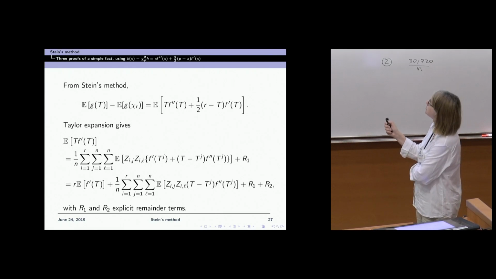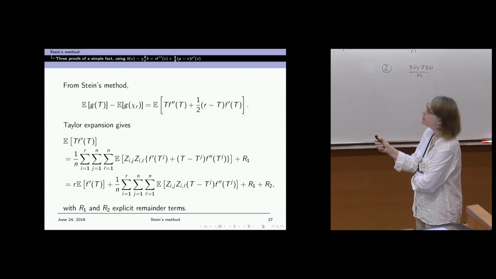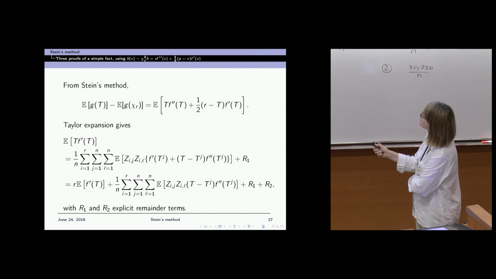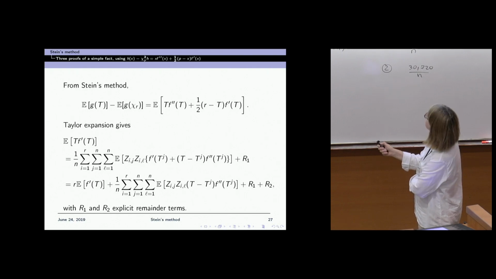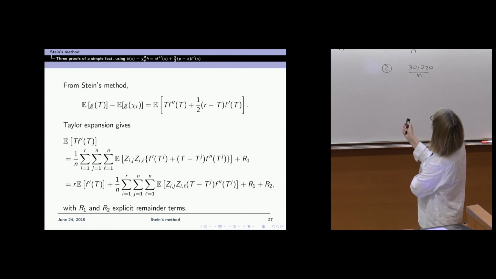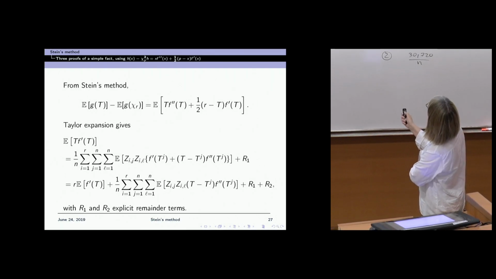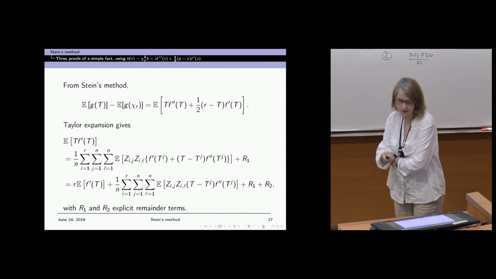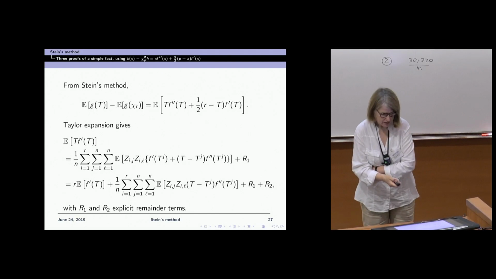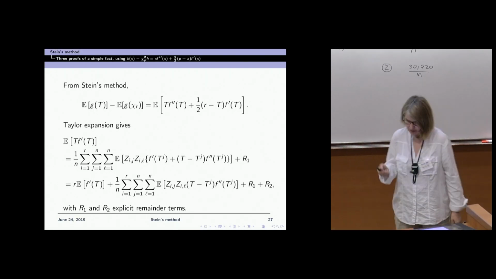Well, this is almost independent, and the mean of T is r. So this is our expectation of f prime of T plus a remainder term. And so this term here we're going to look at soon. R1 is the remainder term from a first order Taylor expansion here, so expansion around Tj.